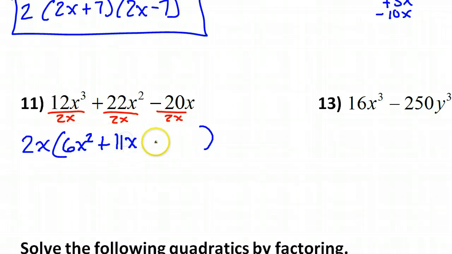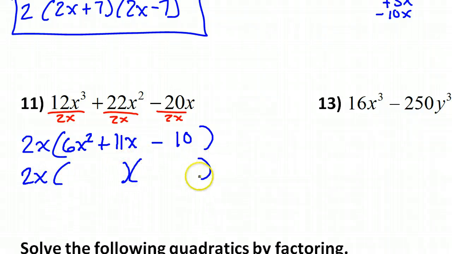Okay, and then we will factor the trinomial. So I will have 2x, and then, now this 6 can either be 2 times 3 or 6 times 1. I'm going to try 2 and 3 first. If this doesn't work, I will go back and do 1 times 6.